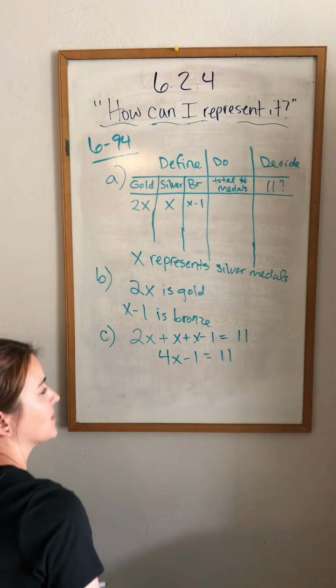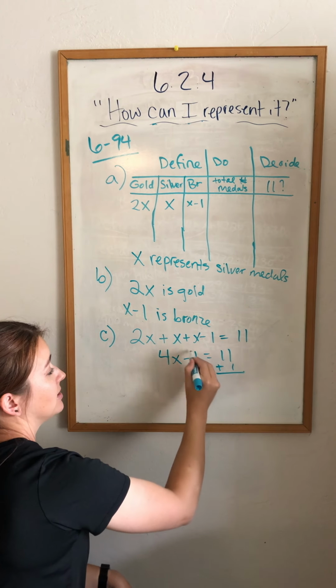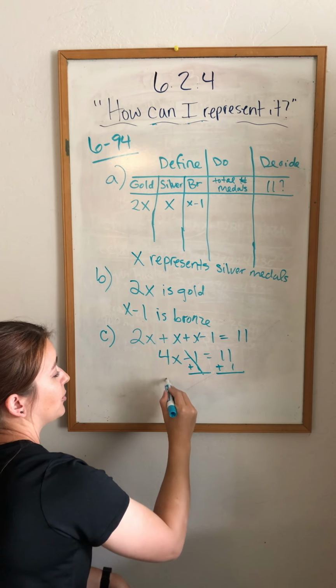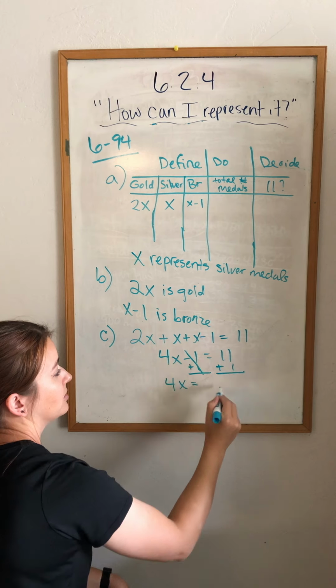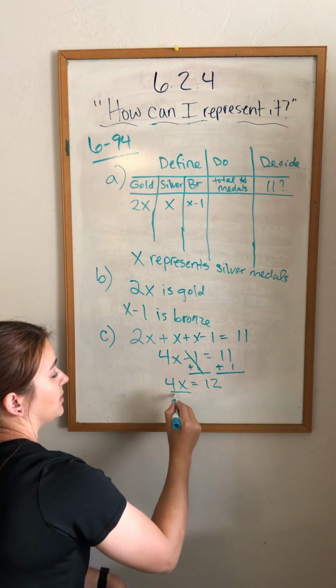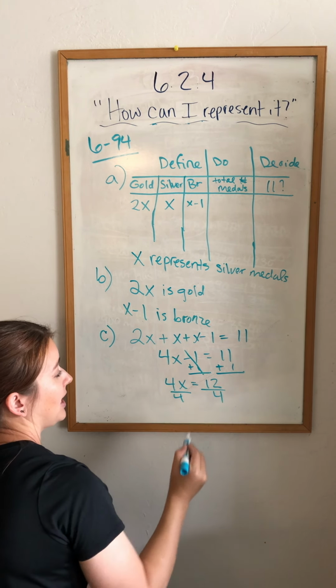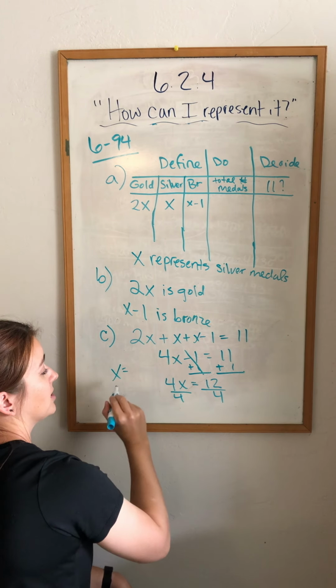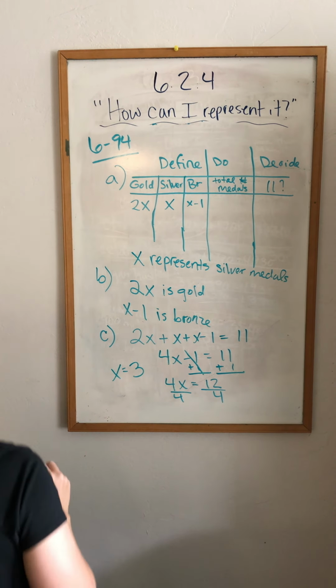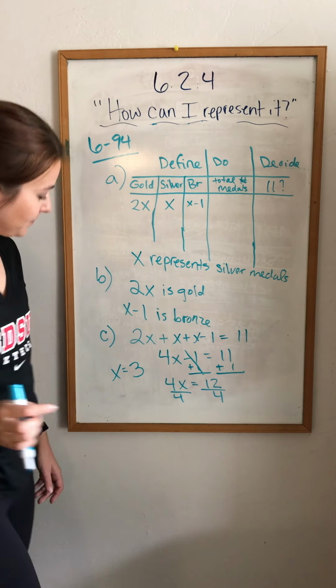Now we need to get x by itself, so we need to get rid of the negative 1 with a positive 1. And you have to do that to both sides. So that becomes 0. Bring down 4x equals 12. Divide by 4. x is 3, because 12 divided by 4 is 3. And that's where I got that right there.